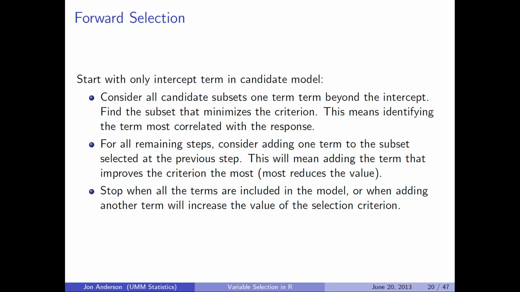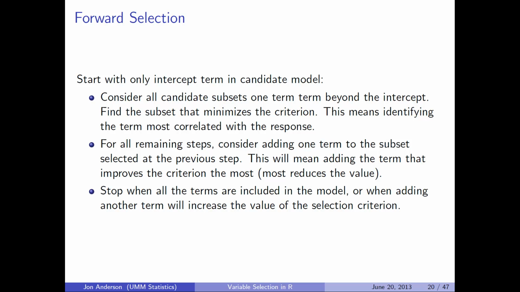The idea here is let's start a model with an intercept parameter, beta not, only, and let's go through all the predictors that we have in our set and add to the intercept the predictor which has the most significant, smallest p-value or biggest t-statistic.